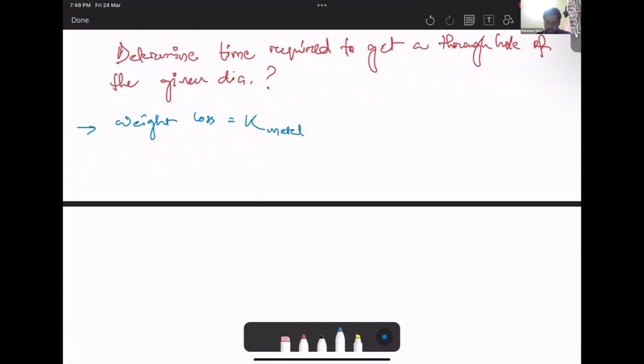So we go for K metal into the factor density to hardness ratio of your workpiece, which is soda lime.